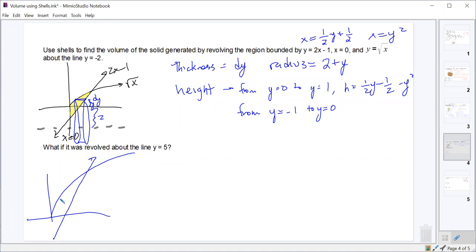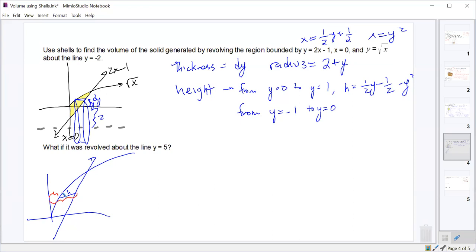Up here, this height right here is this length minus the length from the y-axis to here. So it's the length from the y-axis to the linear piece minus the y-axis to the root function. Does that make sense or no? Yeah, it does. Right, so it's this x value minus this x value.